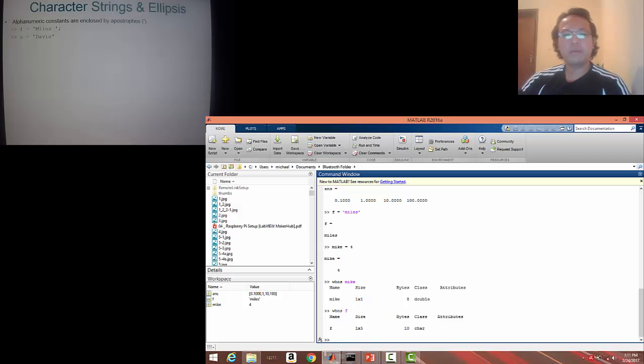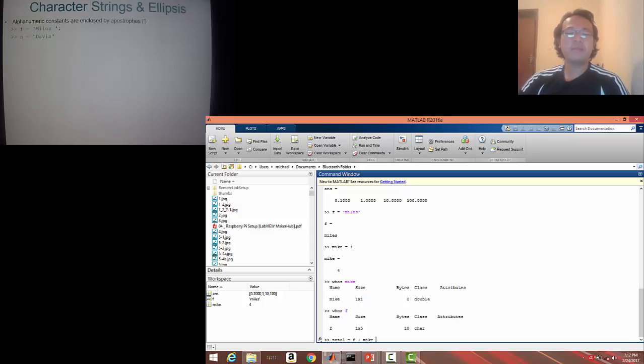Technically, in other programming languages, you cannot add these immediately, but MATLAB is very intelligent. When you try, let's say total is equal to F plus Mike, in other programming languages you cannot do that because this is a character and this is an integer. I mean double, float. It's a float actually, but here it seems like you can do it.